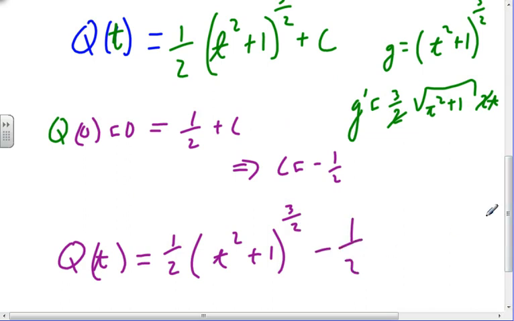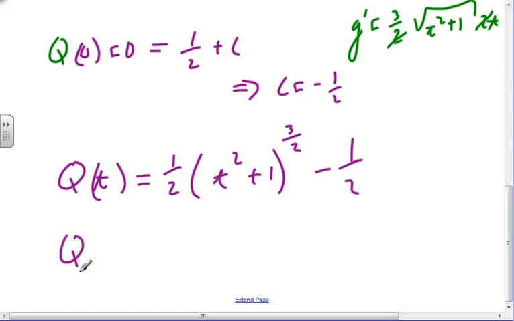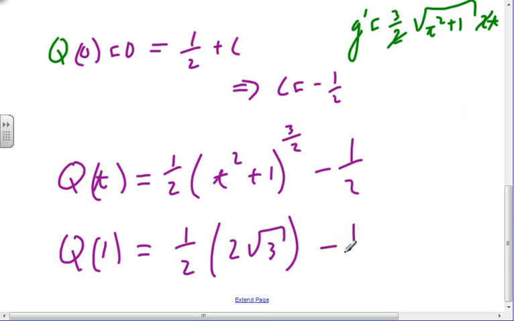And t at 1. Okay, so q at 1 is going to be 1/3 times 1 squared is 1, that's a 2. I have 2 to the 3/2, which is 2 the square root of 2, minus 1/3.